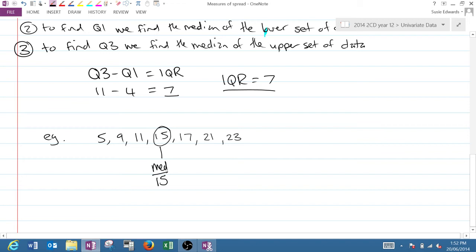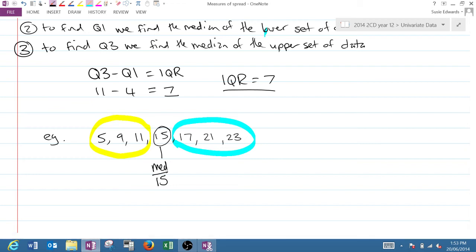15 doesn't get included in our upper half or our bottom half now. So this is the difference. Last time the numbers were all included. If you've got an odd set of data, our bottom half are these numbers and our top half are these numbers. Can you see the difference? Good.